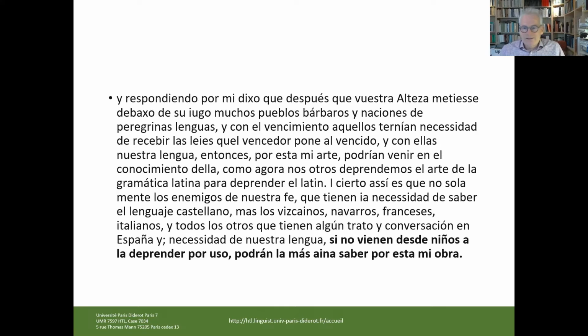So you find again some observation. I don't read the entire text, but I marked the final one. "Si no vienen desde niños a la de aprender por uso, podrán la más aína saber por esta mi obra." So this is actually an opinion, and you can find it in missionary grammars as well. But many have a different opinion.